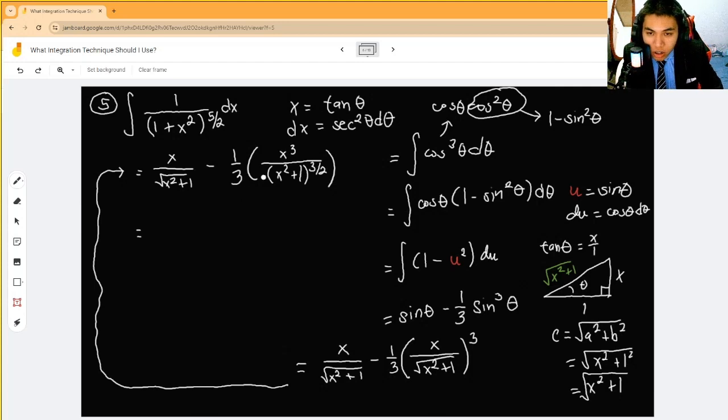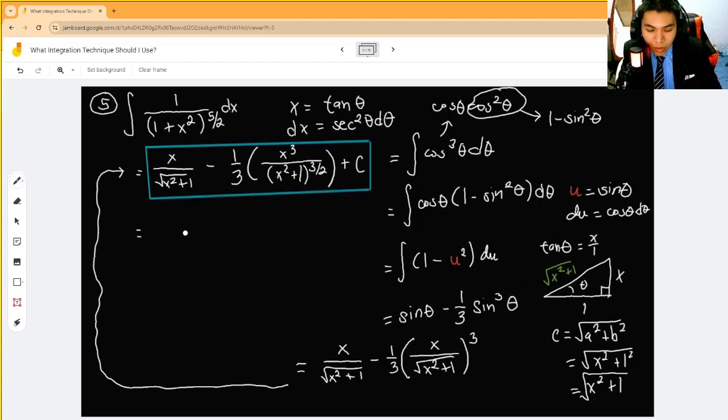Since our LCD is this, we can put here a plus c, and this is a viable answer, but we can still somehow simplify it, but this will be our answer for now. Then I will further simplify it for another alternative answer.